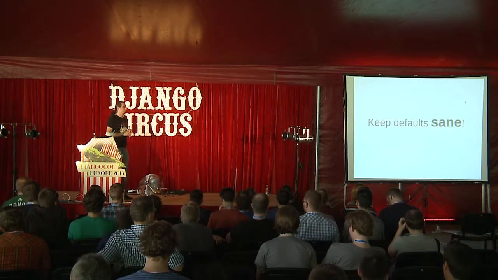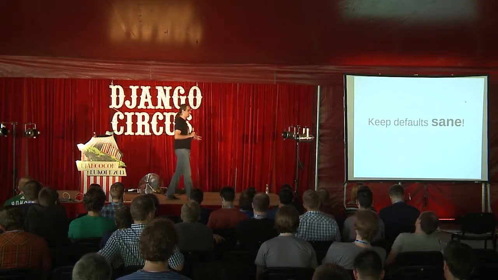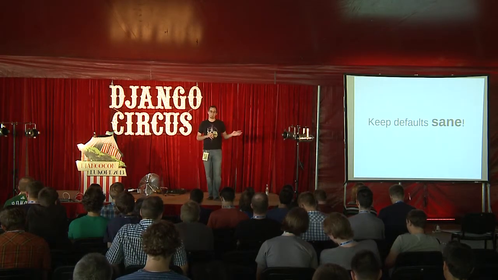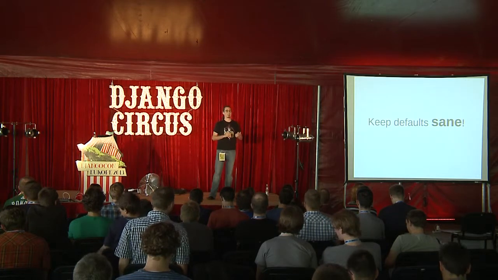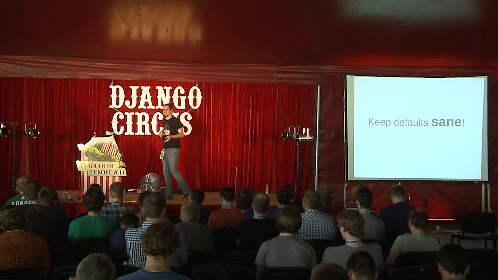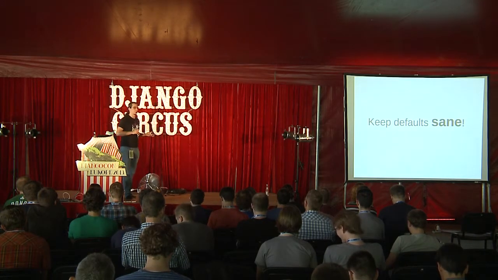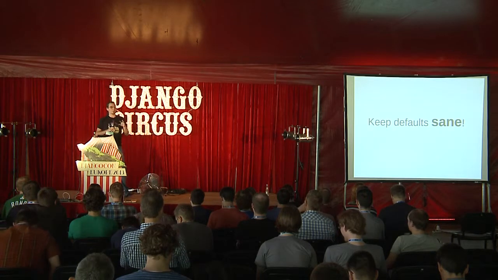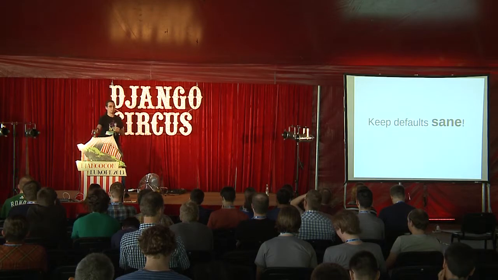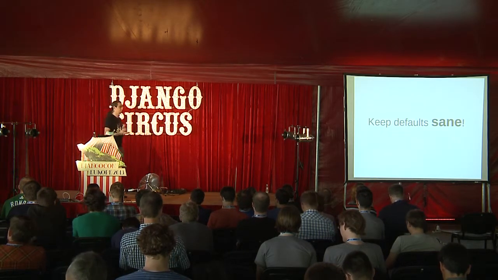Another important thing is keep the default sane. It's very nice that everything is extendable and you can customize it, and you can have different things running in production than in development. For example, in development, you probably don't want to force all your developers to have Redis installed so that you can make the listings more efficient. That's very good in production when you have a large site. But in development, you actually don't care that much, and you care more about the ease of development.